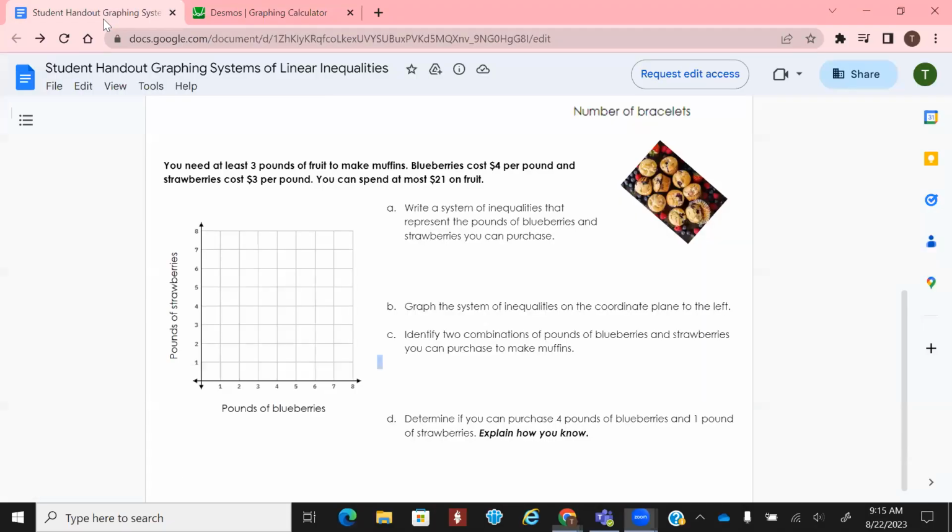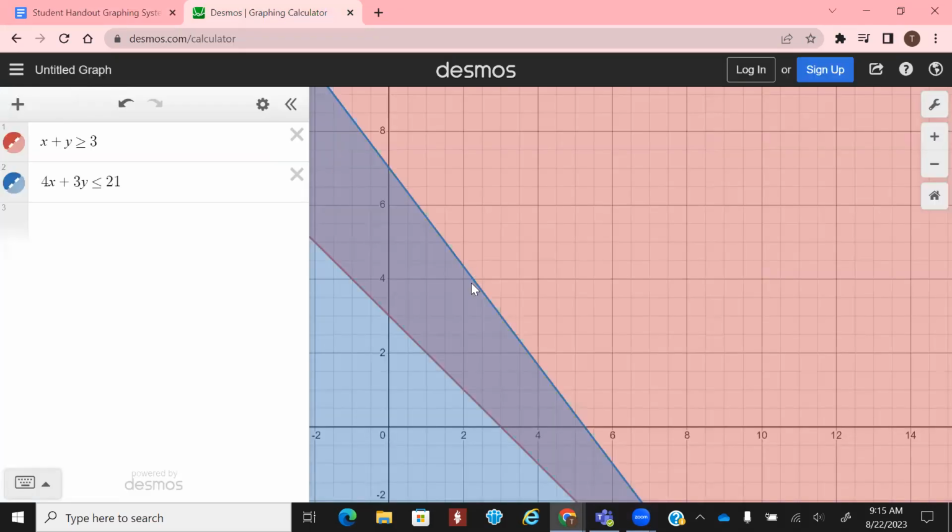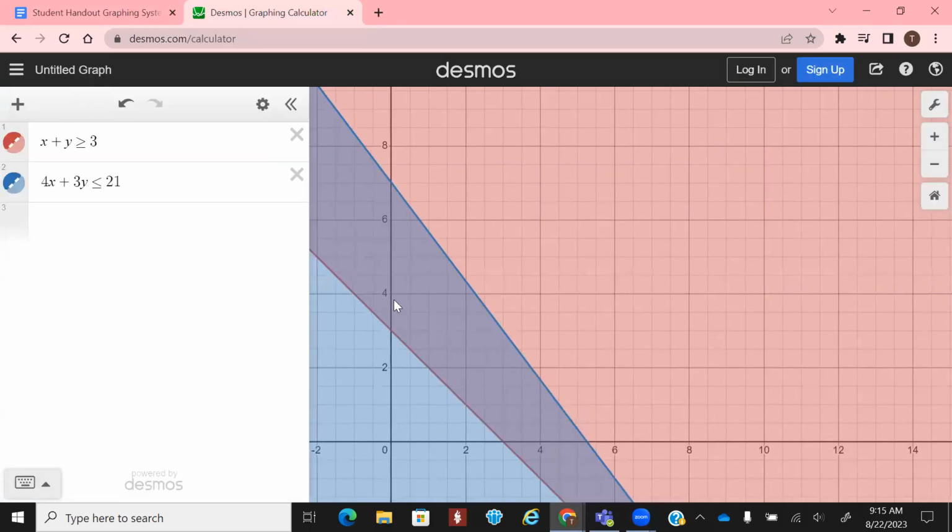Okay, so looking at this, you can identify two combinations of pounds of blueberries and strawberries that you can purchase to make muffins. So looking at this, we need, guys, okay, we need where this dark shaded region is. That's going to be our possible solution. So what's one point that's in this whole region? 2, 2.